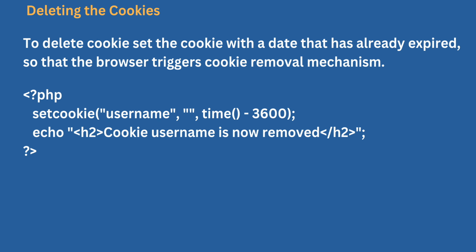So how can we delete the cookie? There is no delete functionality. The only thing is, if you have a cookie name, set it to blank and give the time as the current time minus some amount, like 1 hour.